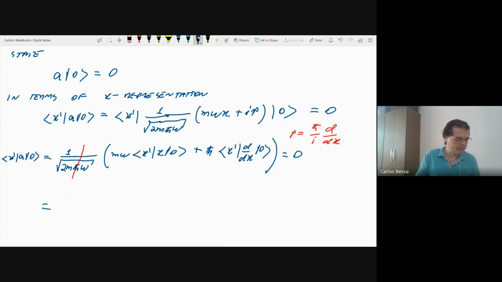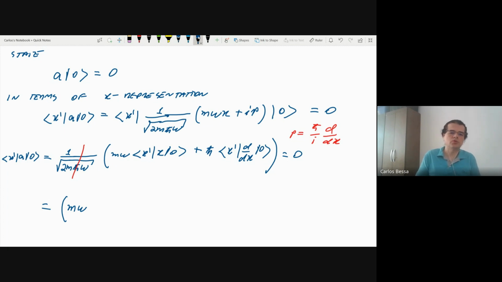So I'll have m omega x applied to the bra x prime, because it's real.